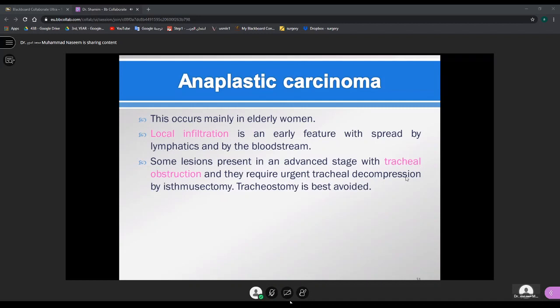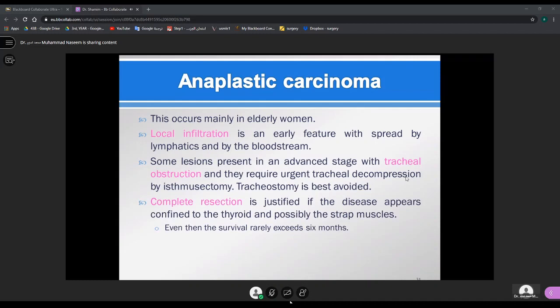Tracheostomy should be avoided. Complete resection is justified if disease appears to be confined to the thyroid or just within the strap muscles. But even then, survival rarely exceeds 6 months. Radiotherapy should be given in all cases and may provide a period of palliation.